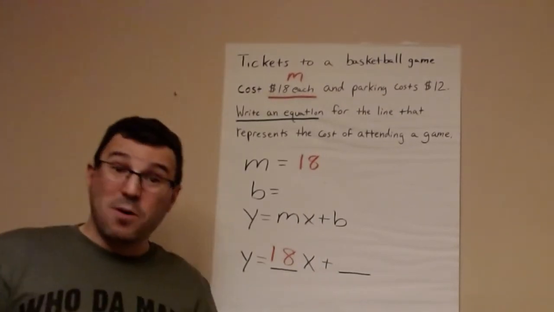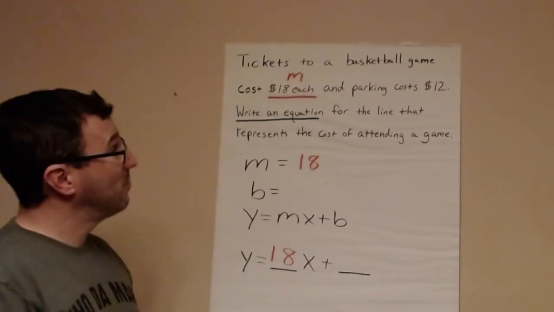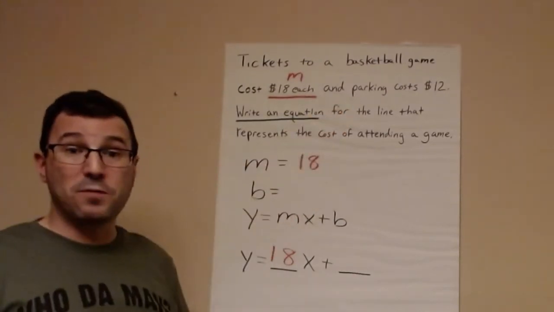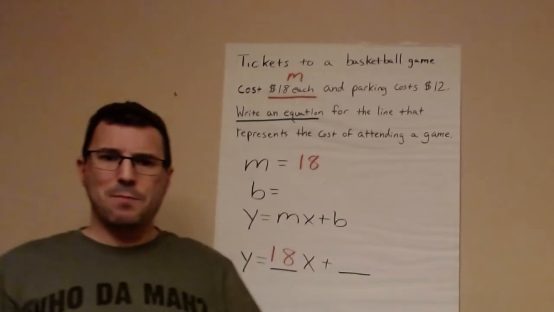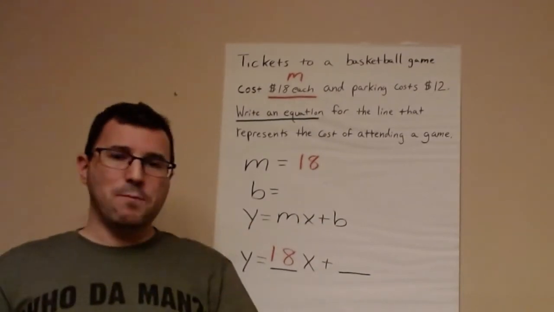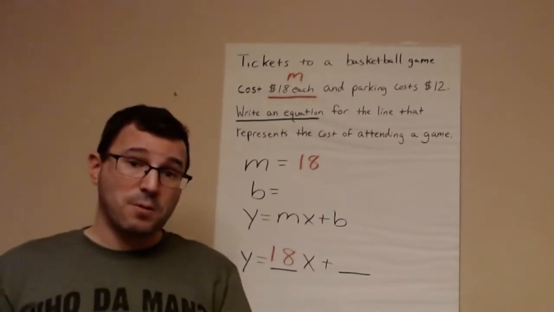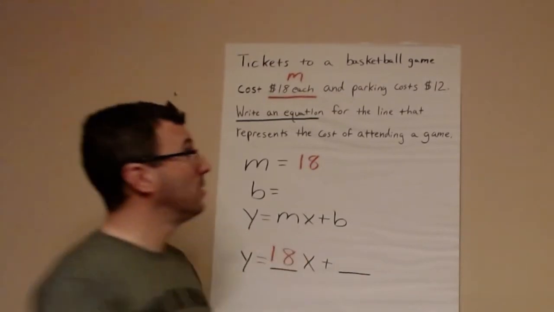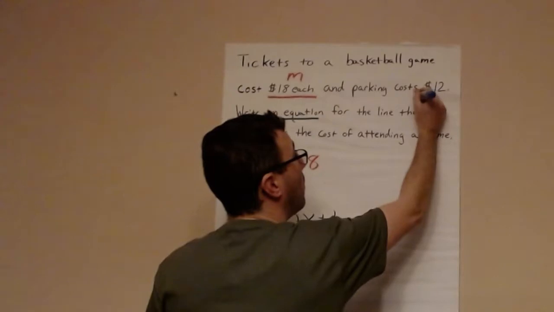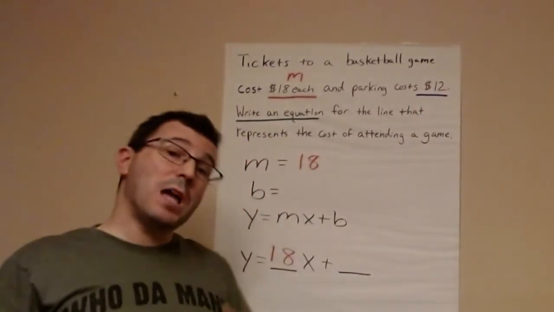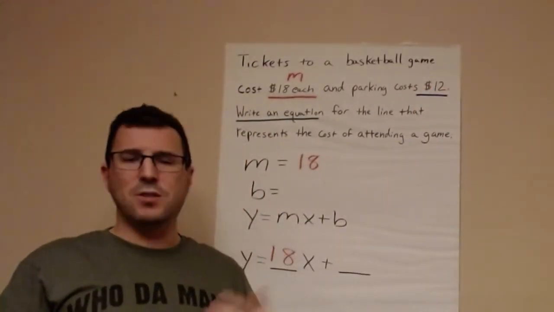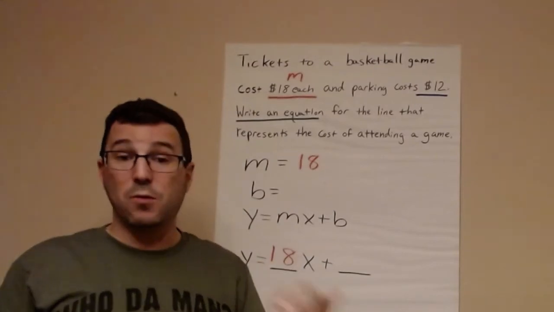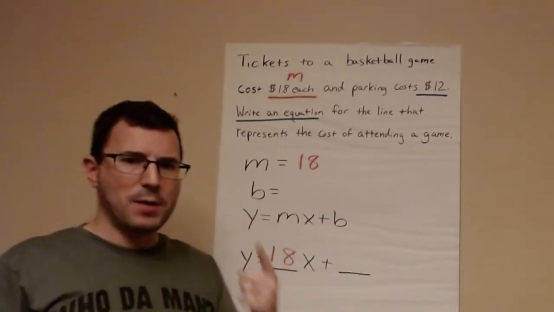So that only leaves one thing for the y-intercept. Parking costs $12. And if you stop and think about it, when you go to a game, that's the first thing you have to do. You have to pay parking. And it only happens once. So usually some type of entrance fee is usually going to be the y-intercept because it's only happening once.